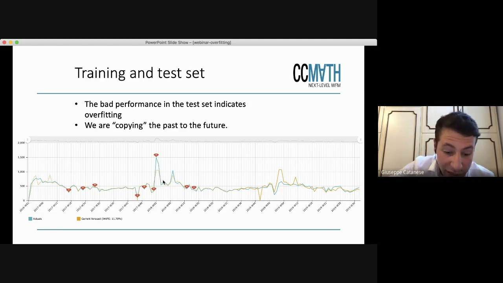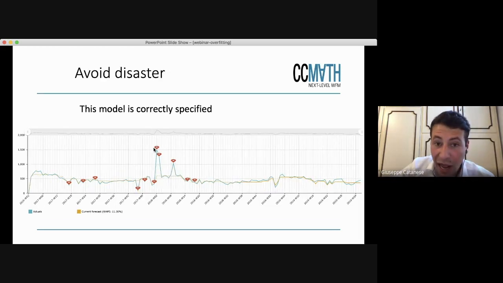We saw at the beginning that after we specify our model correctly, our error decreases and our accuracy increases in the test set. In this case, we know that the model is correctly specified. This is a really powerful method, and I really suggest you do that with your forecast.